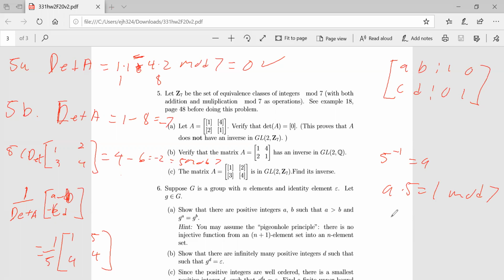So this is equivalent to multiplying by 3. So I get 1, 5, 4, 4 times 3, so we get 3, 1, 5, 5.